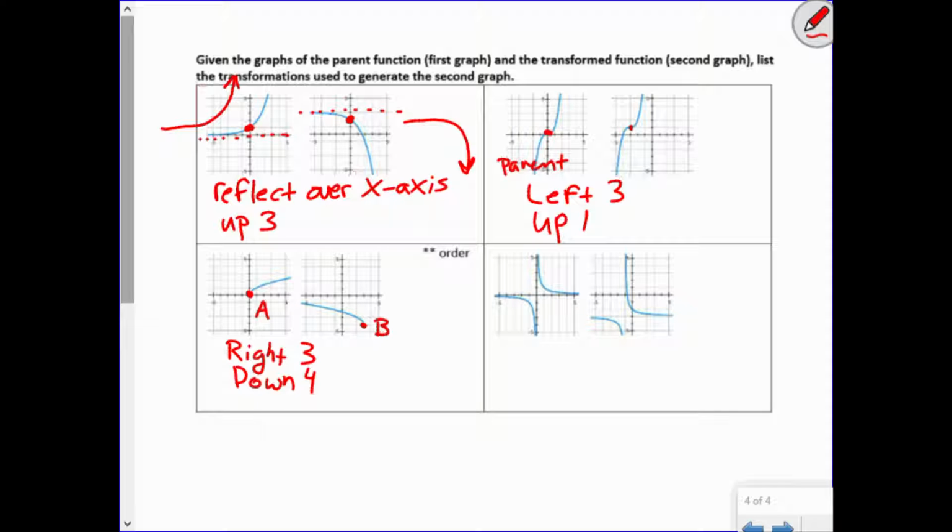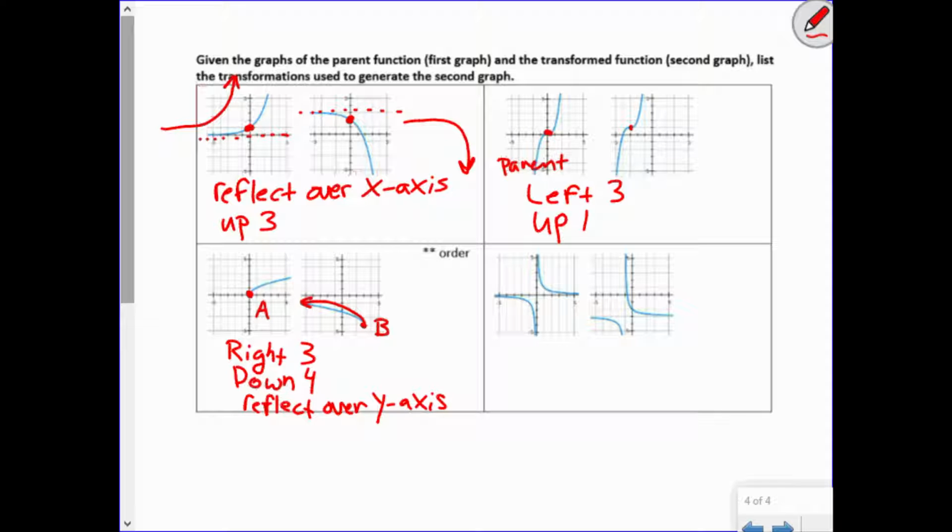And then also, it's not going off to the right anymore, now it's going to the left. So that means that we flipped over the y-axis. So this also has a reflection over the y-axis.